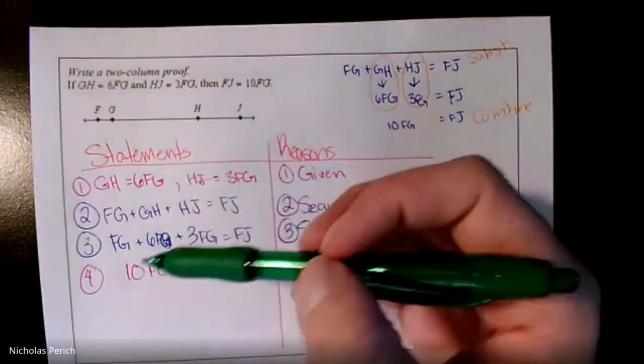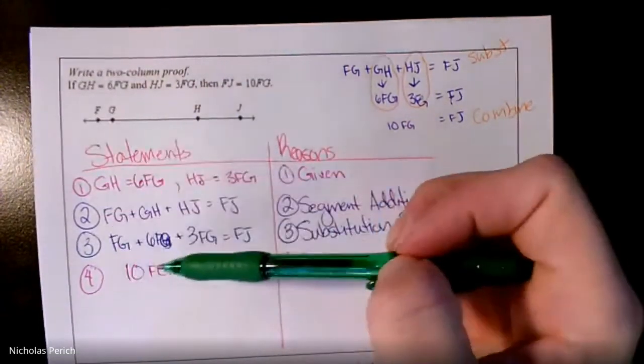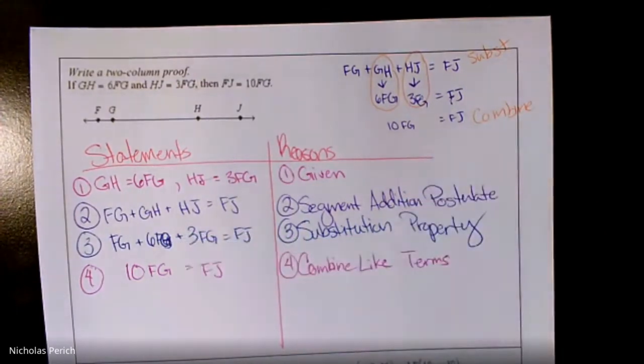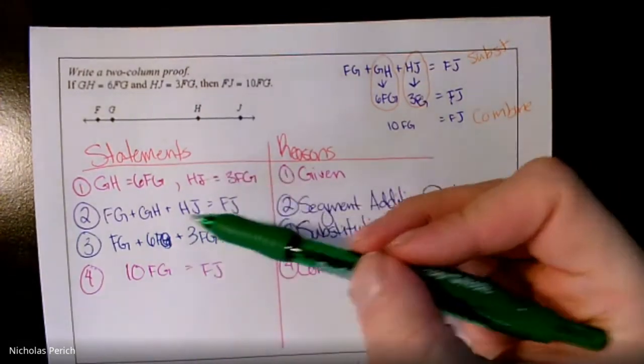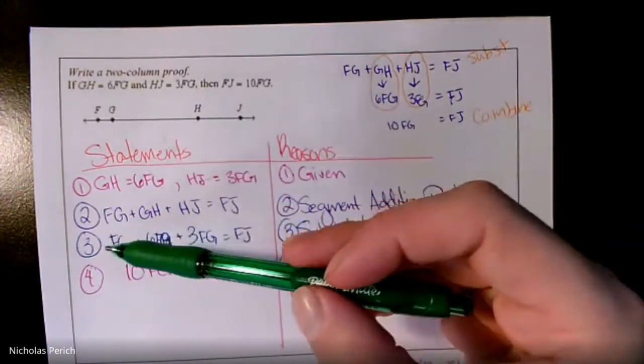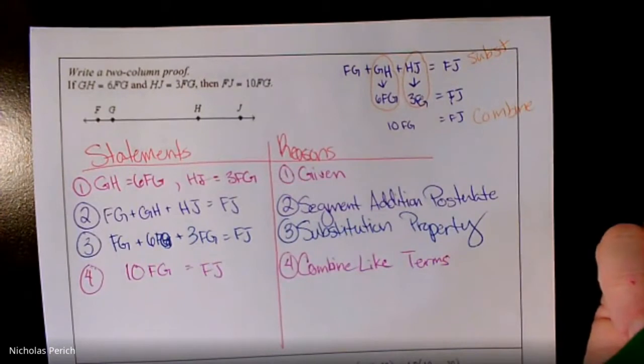I just accidentally put 6F6. GH becomes 6FG. I just really did a bad job writing out what G is supposed to look like. Sorry about that. And same thing, HJ became 3FGs. And so if I have 1 of them, 6 of them, 3 of them, I have 10 of them. And I got that by combining like terms.